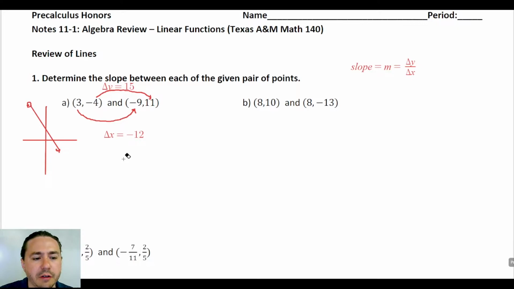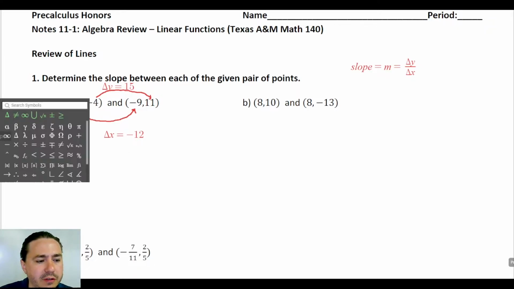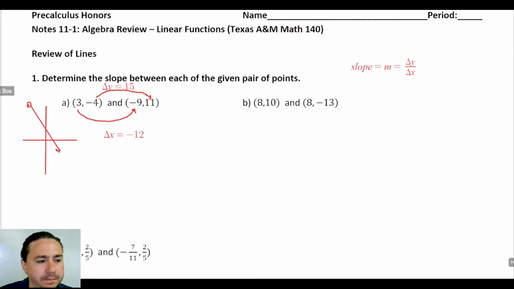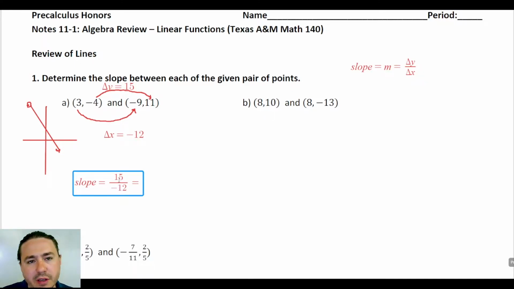It is going down from left to right, so we should expect a negative slope. So my overall slope here is going to be the change in y over the change in x, so 15 over -12. And when we reduce that by dividing both by 3, you would get -5 over 4. And so that would be our slope here.